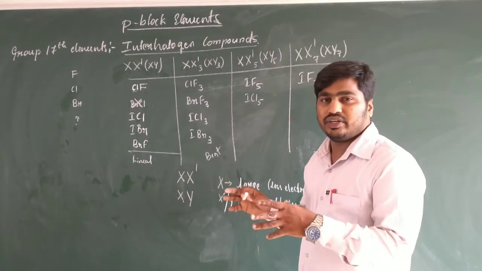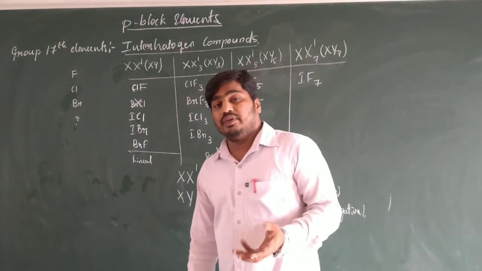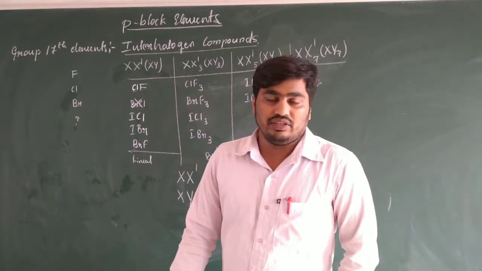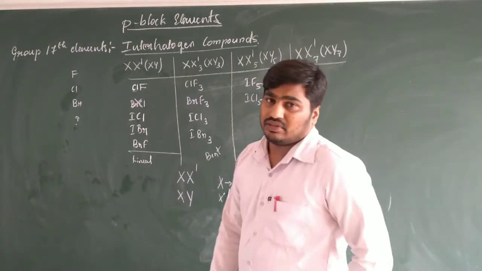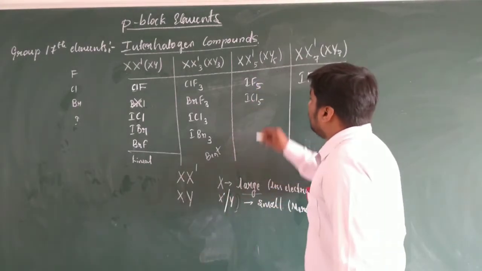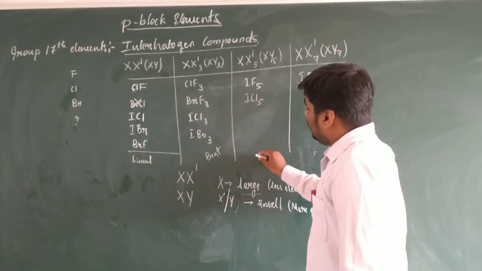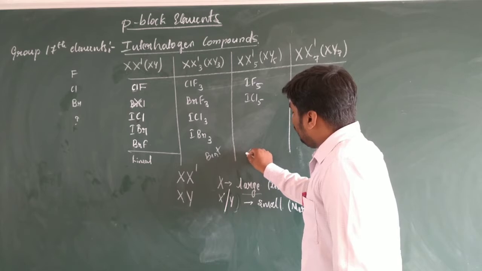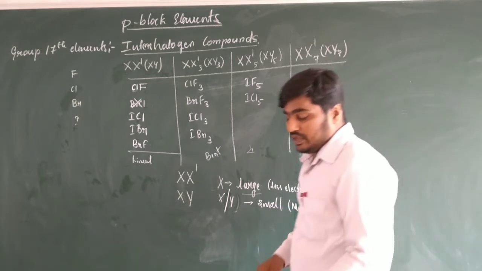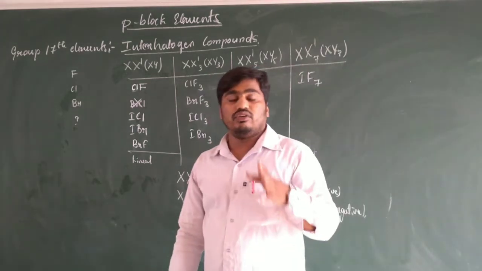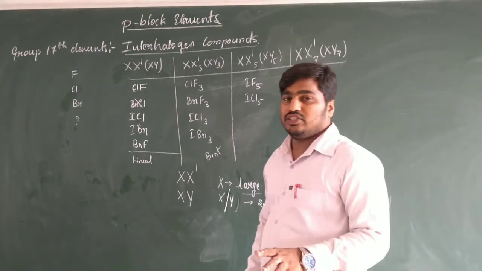This concept is very important, from your competitive exam point of view also. What may be the possible structure in the following compounds? Such a type of question may be asked in your exam. For XX5 dash or XY5, trigonal bipyramidal is not formed because of the hybridization.